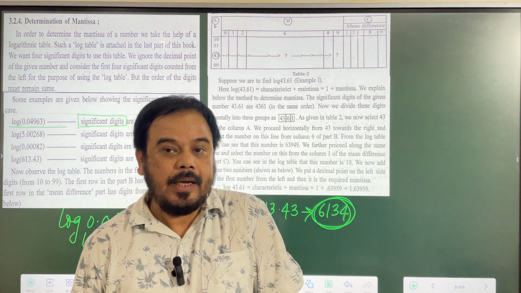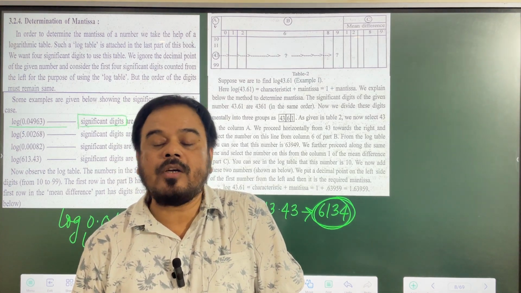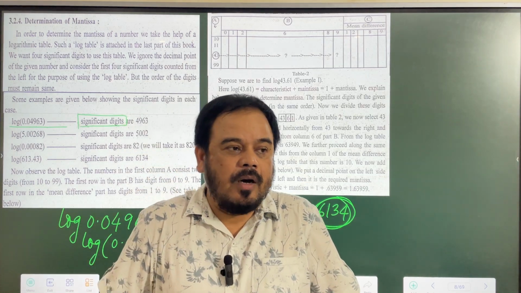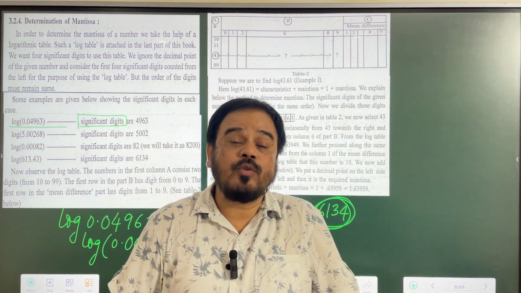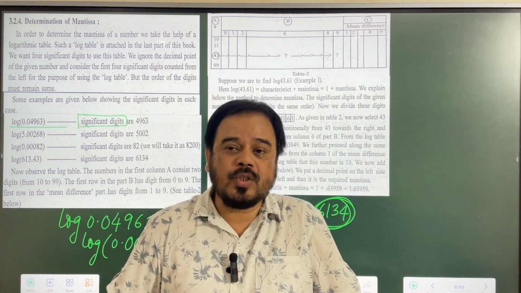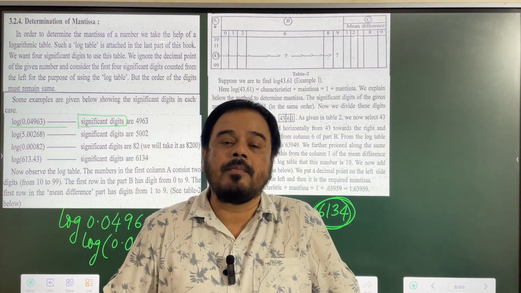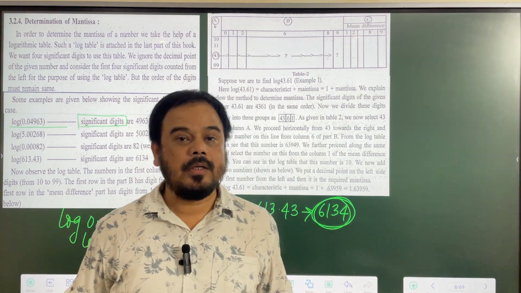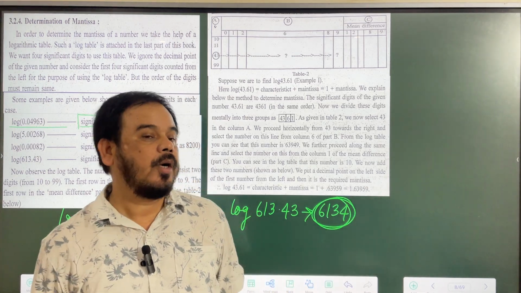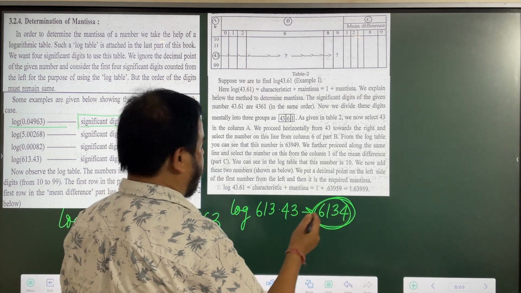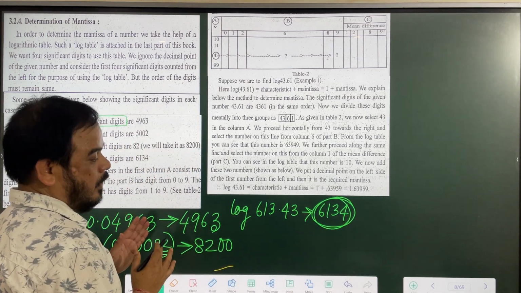That logarithm table we cannot learn by heart. Some small values we can learn by heart, but there are many values, rows and columns, so you cannot learn them by heart. So we have to learn how to find the logarithm with the help of the log table. That is why we take 4 significant digits.